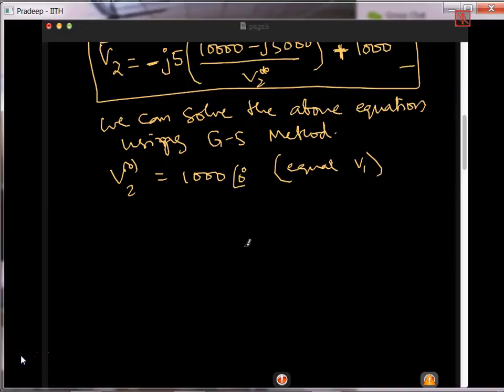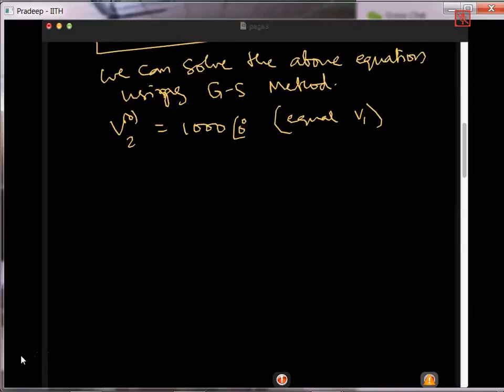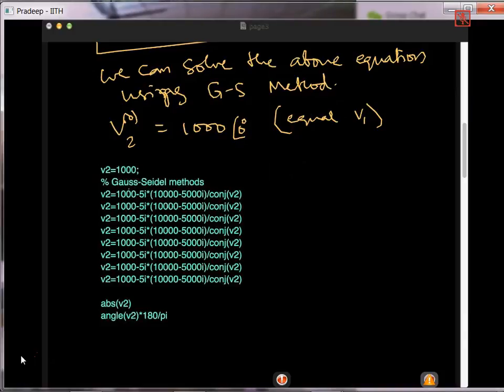Let me just paste the code here. And finally the solution.